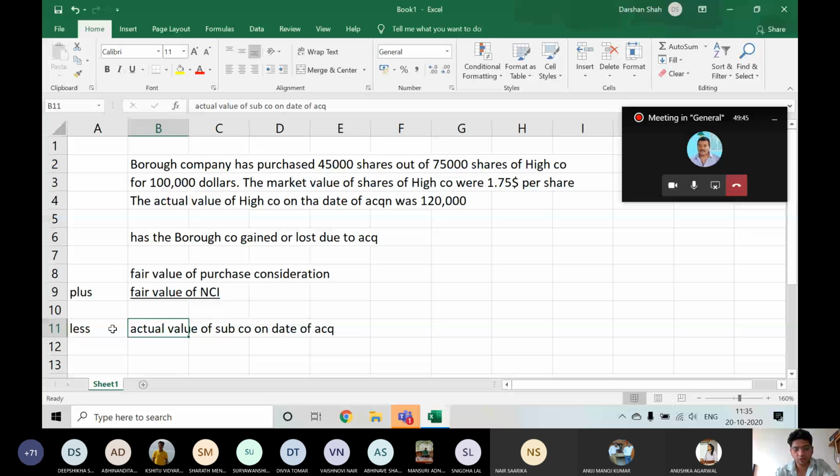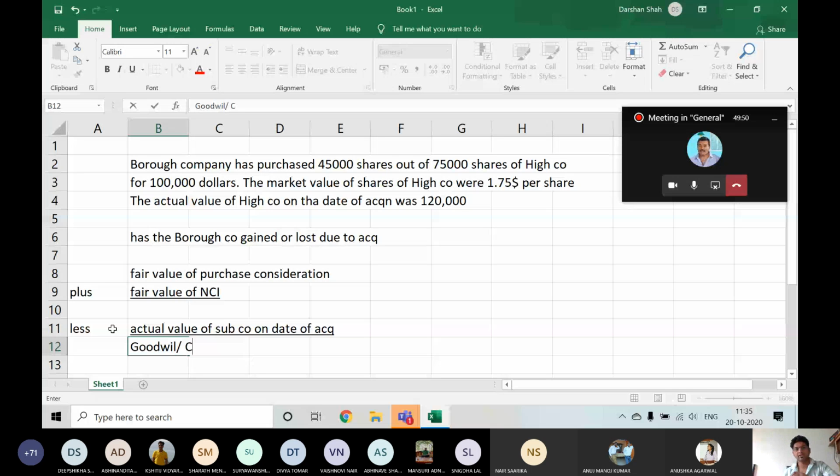That will give me goodwill or capital reserve. When to call it goodwill, when to call it capital reserve, I'll tell you. Try this then.